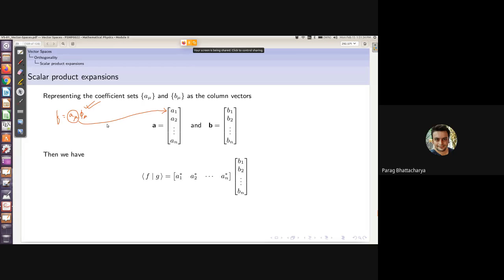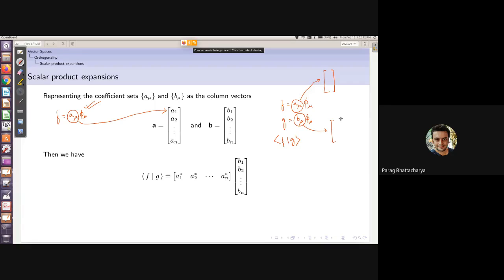Then the scalar product of f with g. Remember, f is equal to a_mu phi_mu, and g is equal to b_mu phi_mu. If I take the scalar product of f with g, you have to take the conjugate of this. Earlier the a coefficients gave me a column vector, and similarly the b coefficients gave me another column vector.